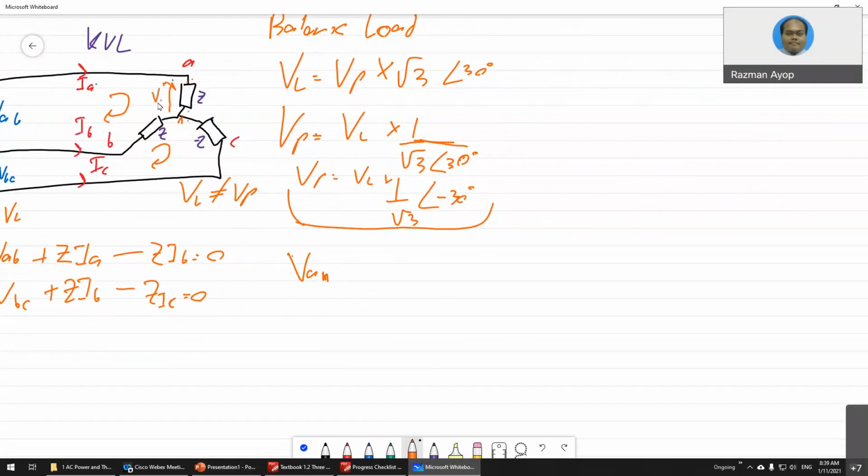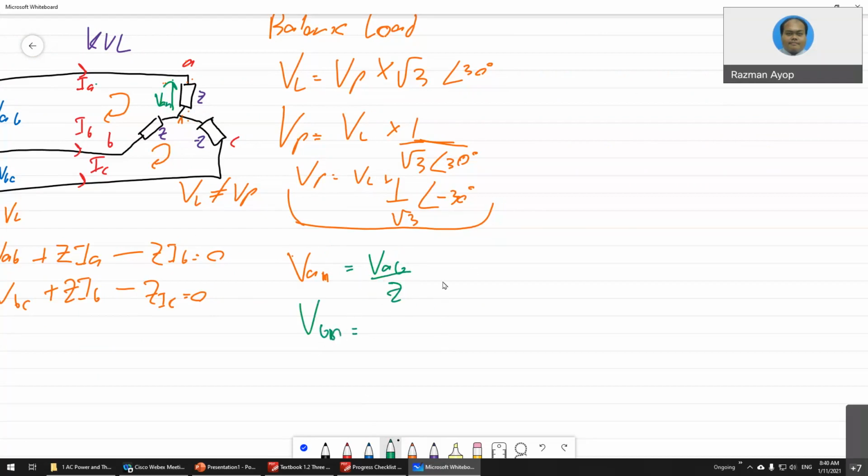We use a different color. VAN is equals to, just use the formula, V line is VAB. Remember, if you see A here, make sure this one is also A. Divided by Z, the load.